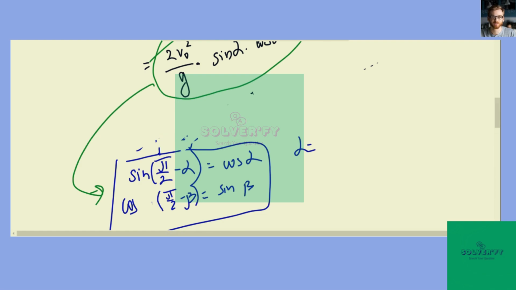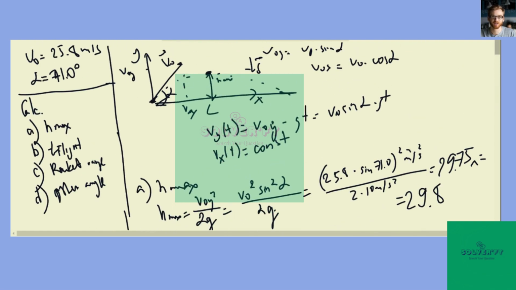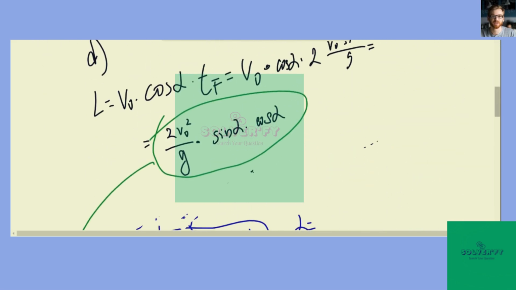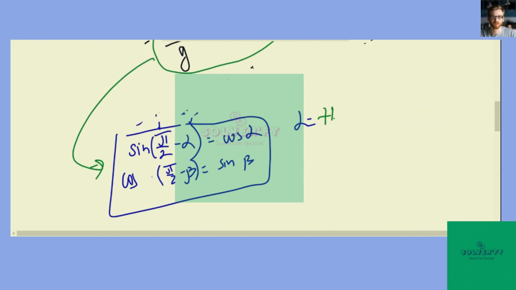If alpha equals 71.0 degrees, then beta equals 90.0 degrees minus 71.0 degrees.